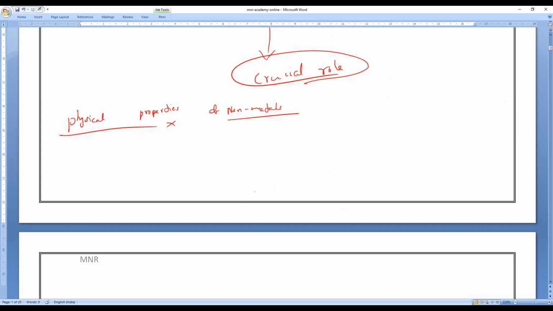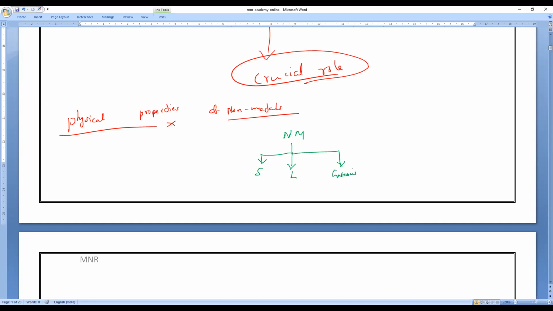Basically, the non-metals have just opposite properties of metals. Most of the metals are solid in state, but when it comes to the non-metals, their count is very less, but they exist in all the states. Non-metals exist in solid state, in liquid state, and in gaseous state.